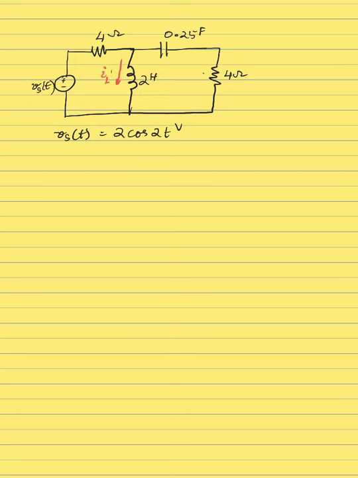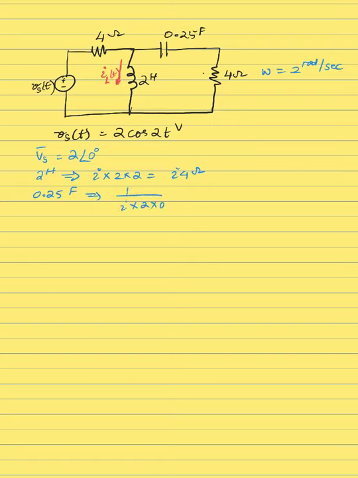iL(t). Okay, so let's convert the circuit to the phasor domain. Vs will be 2 at an angle of 0, and of course the circuit is running at a frequency of 2 radians per second. 4 ohms remains 4 ohms, 4 ohms remains 4 ohms, and 2 henries will be changed to j times 2 times 2, which is j4 ohms. 0.25 farads will be changed to 1 over j times 2 times 0.25.